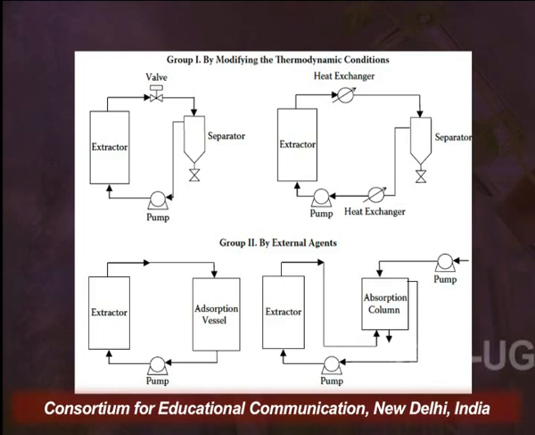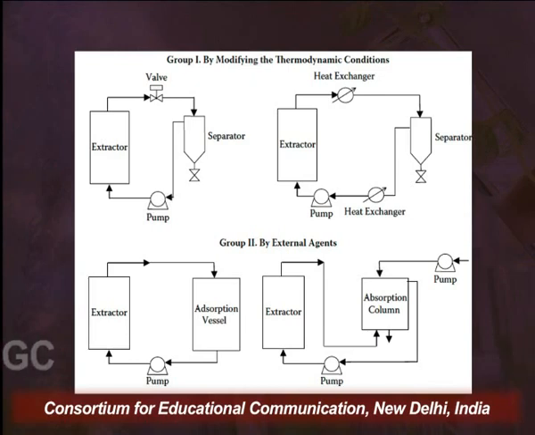But the major problem with this technique is the final yield of the constituent is low in comparison to the above 2 techniques. This is largely because it's sometimes very difficult to separate the entire quantity of the constituents that have been adsorbed on the material, and therefore sometimes the yield decreases in comparison to the yield that is obtained by modifying the thermodynamic conditions.